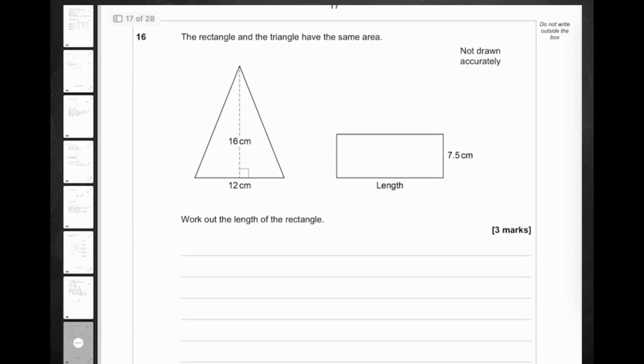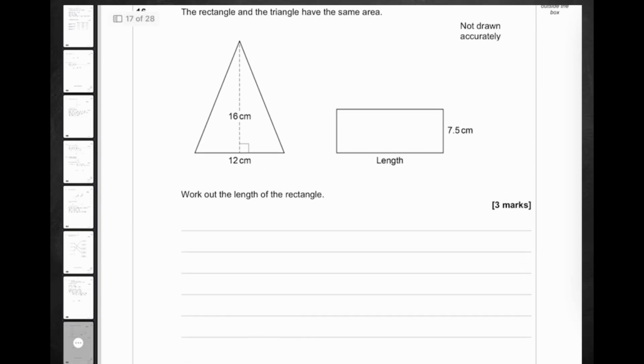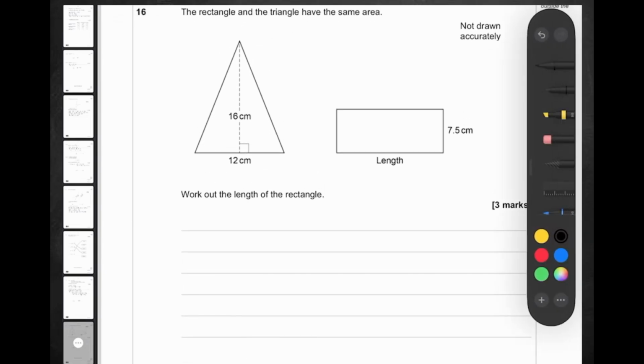Question 16. The rectangle and the triangle have the same area. Work out the length of the rectangle. So, they've very craftily cut the triangle into 2 right-angled triangles for us. So, area of right-angled triangle equals height times width over 2.